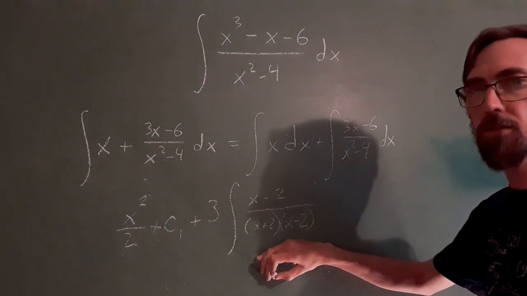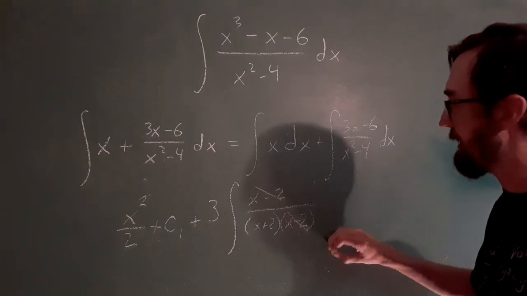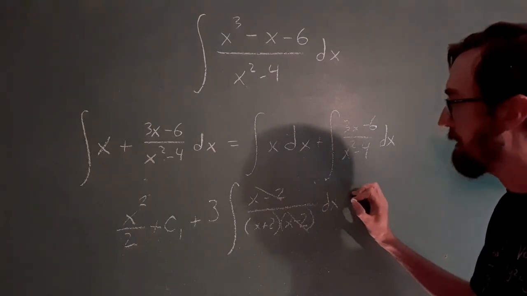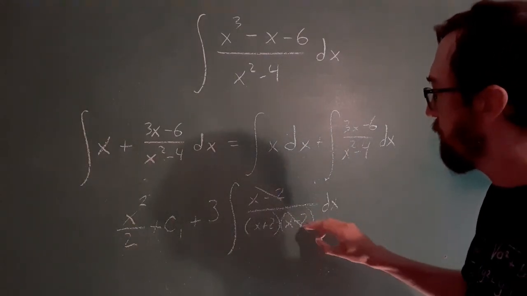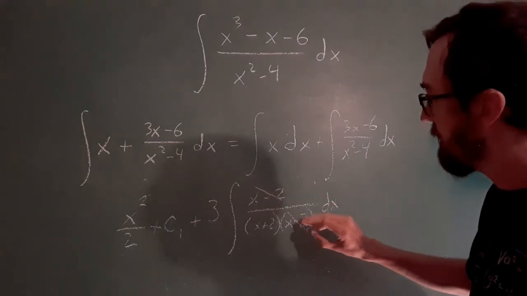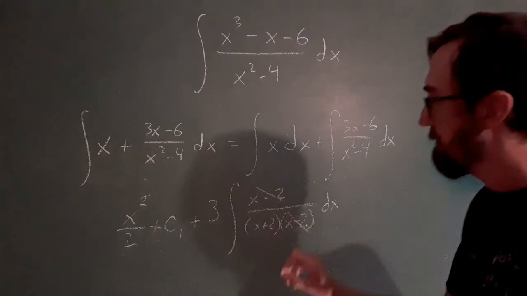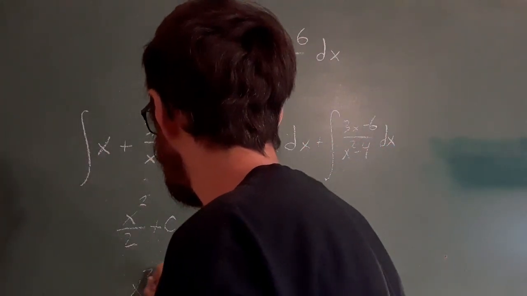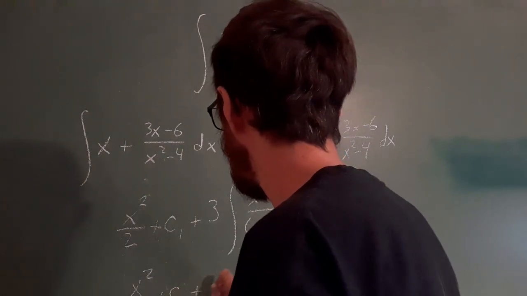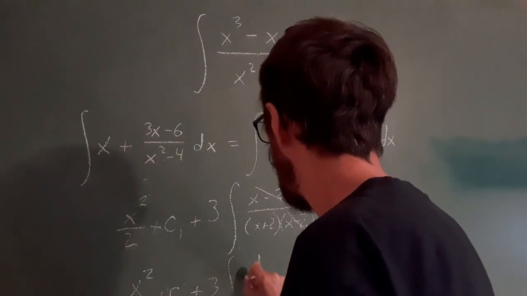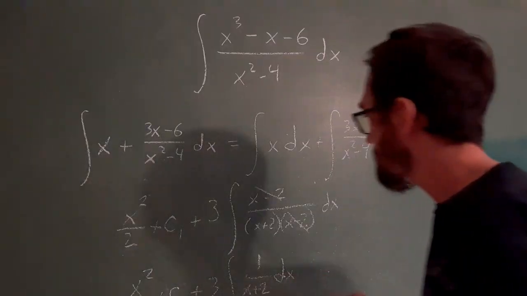So those factor out there, and then this numerator and that piece of the denominator will cancel, and of course there's still a differential here. So now when we cancel this, this goes to 1, this goes to 1. 1 times x plus 2 is just x plus 2. So we have x squared on 2 plus c sub 1 plus 3 times the integral of 1 on x plus 2 dx.